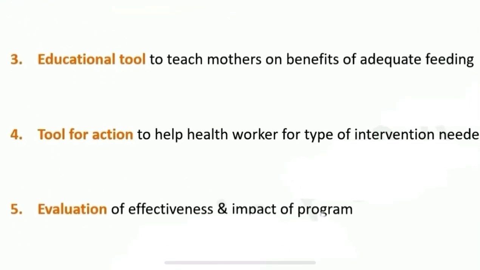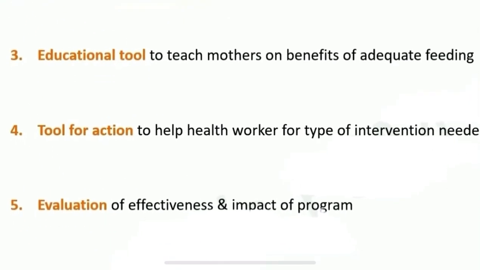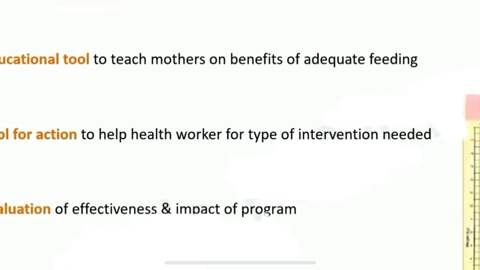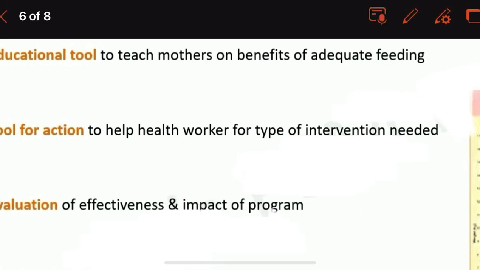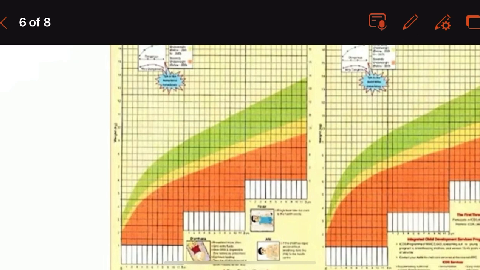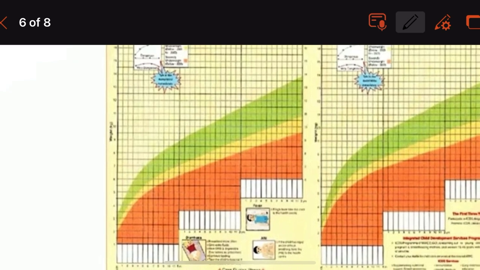Next, the education tool. Because of this visual character where everything is recorded so simply, that age and that weight, you can show it so easily to the mother. You can show her, see, when the baby was 3 months the weight was so much, and now the baby's weight is falling down, it's coming here.